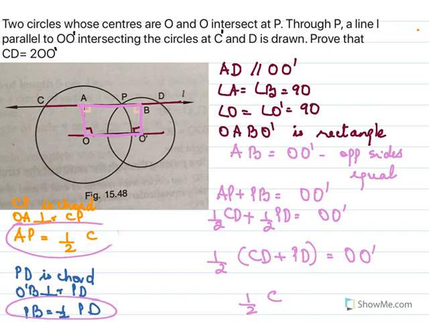Here is CP, so this should be half of CP; I just rub this out. So this will be half of CP, and CP plus PD is CD. So CD equals OO dash times 2. So CD is twice OO dash.